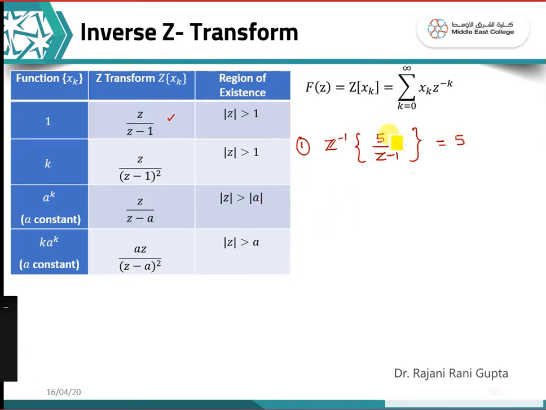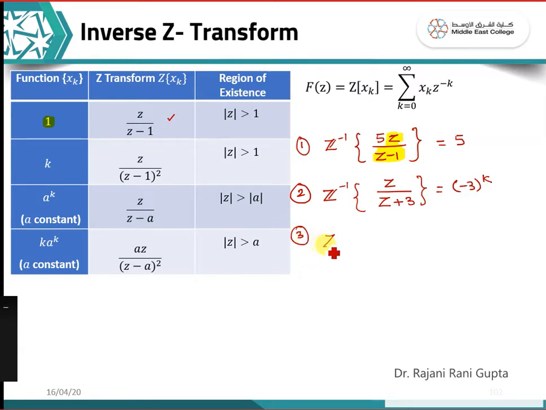Why did it become 5? Because we have the rule for Z over Z minus 1 as 1, and 1 multiplied by 5 gives you 5. If you have to find the inverse Z transform of Z over Z plus 3, what will it be? Yes, it is minus 3 to the power k.